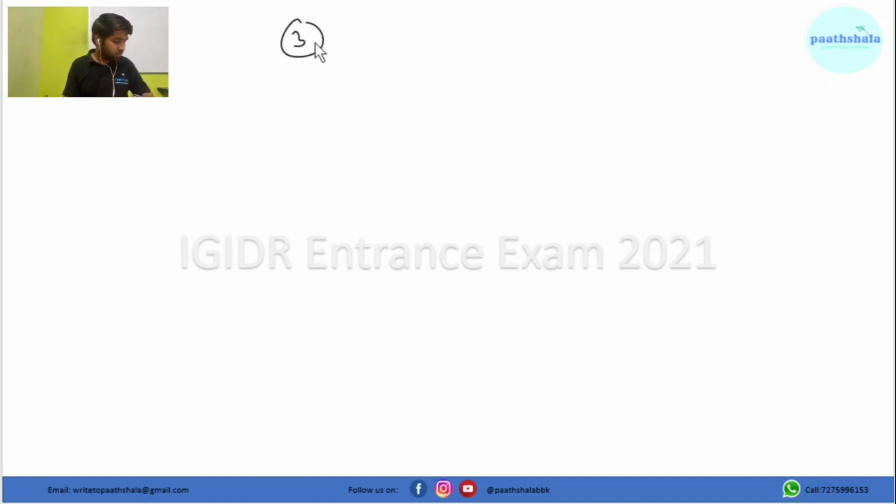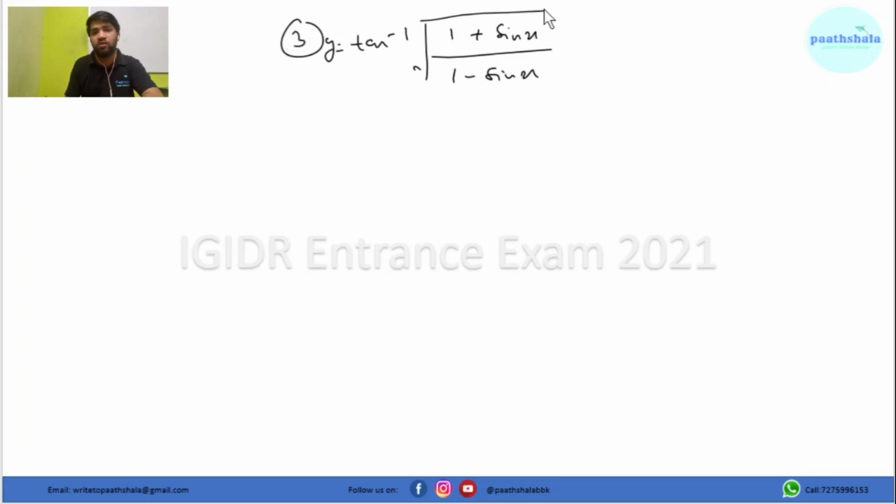So this is y equals tan inverse under root, let's say, 1 plus sin x upon 1 minus sin x. Okay, this is the question. So for this, we are going to apply this formula, that is cos of 90 plus theta equals minus sin theta.